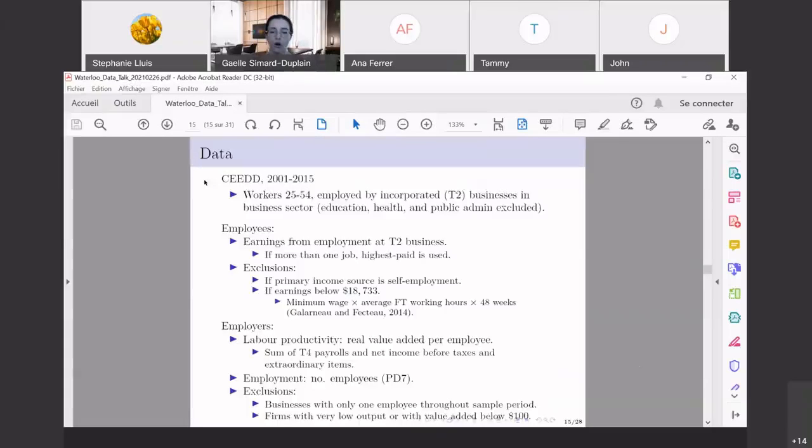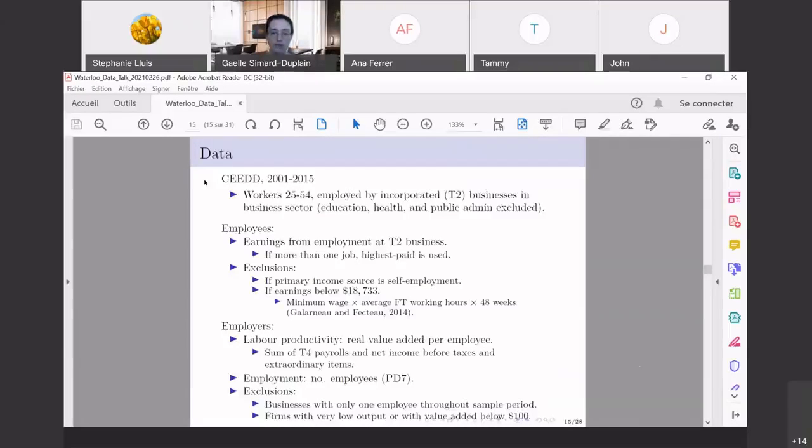We're also going to focus on the business sector, so we're going to exclude people that work in the public sector and private businesses that work in education, health, or public administration. And the reason is because those firms are defined a bit differently. So the public sector is defined a bit differently, and in the data you tend to have really, really large firms in a way that is not necessarily comparable with a private business that is really large.